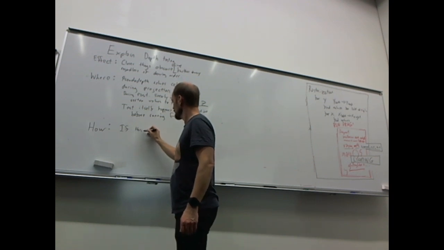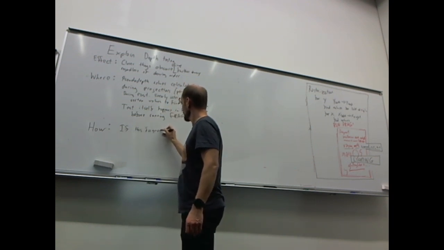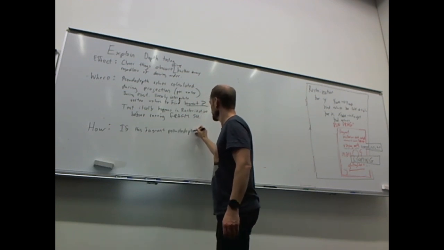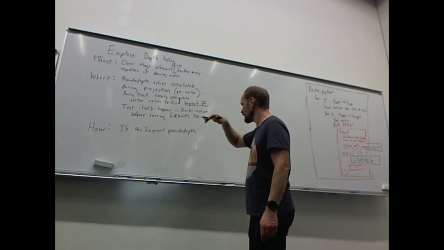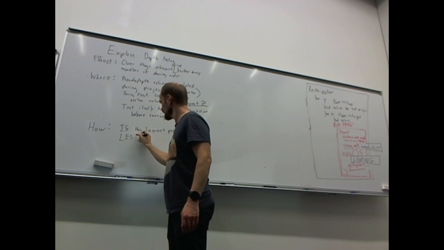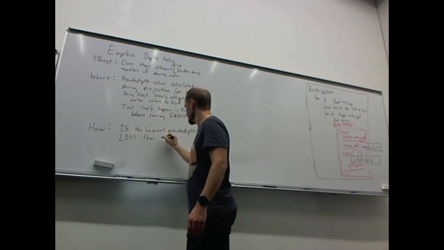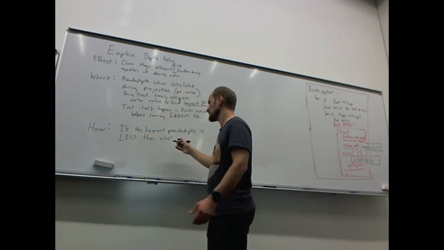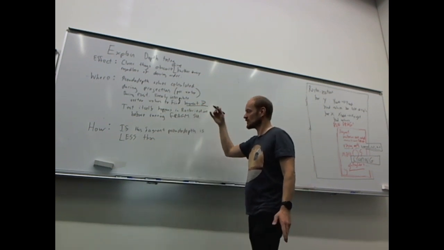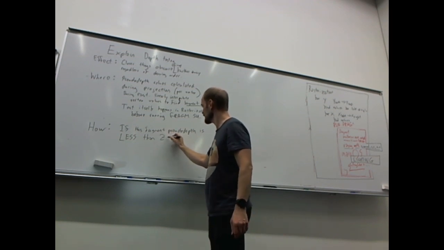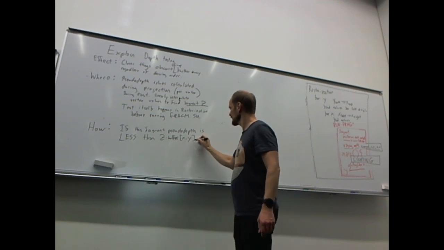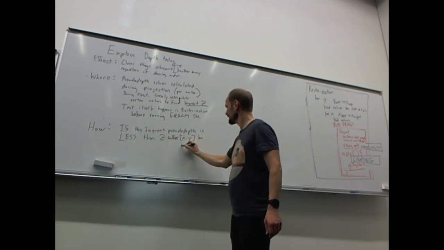this fragment pseudodepth, and this doesn't have to be phrased exactly like this, is less than what is currently in the Z buffer at this location, or we can just say Z buffer xy for this fragment.